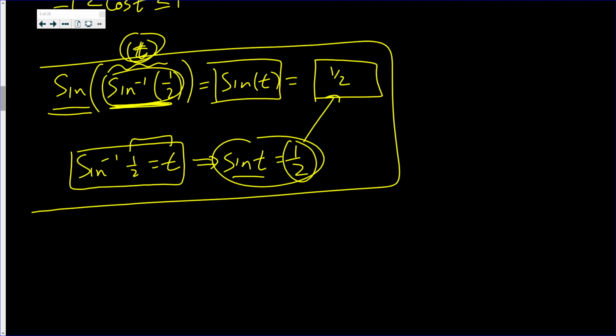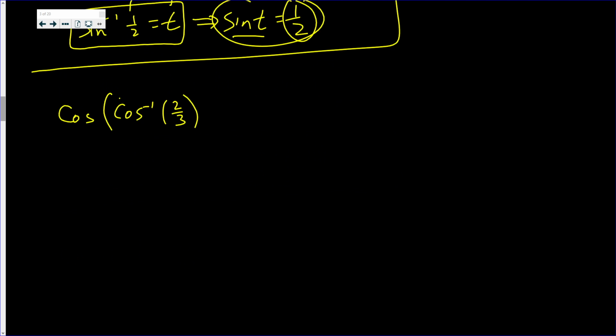Let's try another one. Suppose you're asked to find the cosine inverse of 2/3. This here is an angle. Maybe I call it t. So I want to know what the cosine of t is.